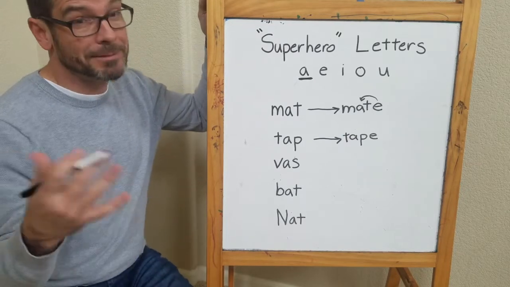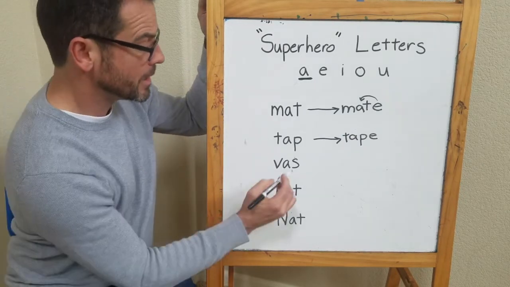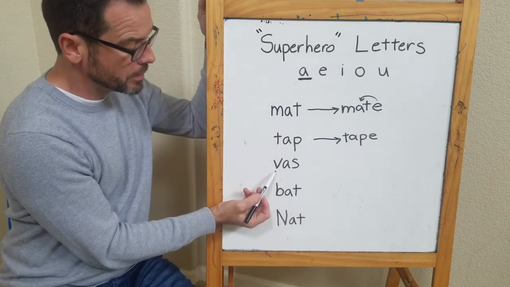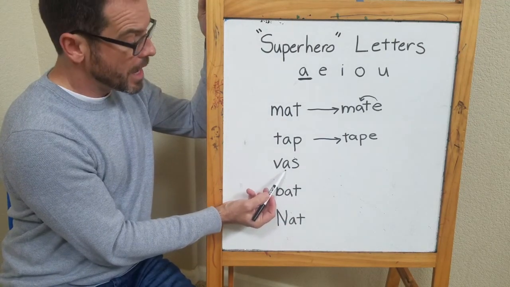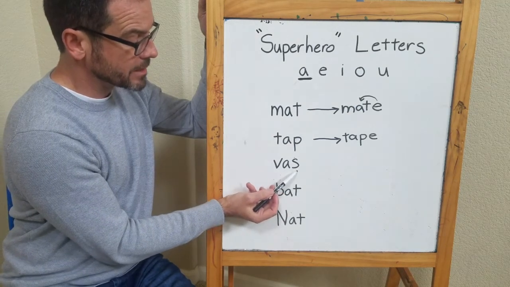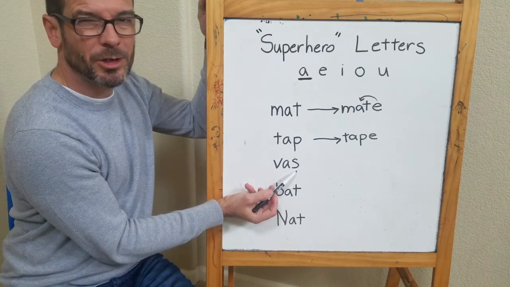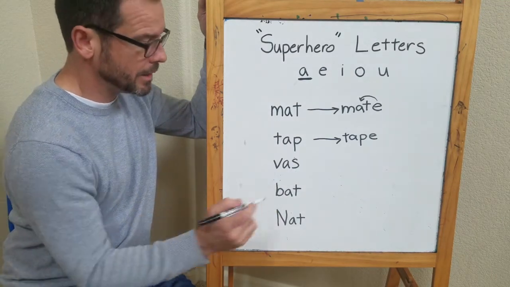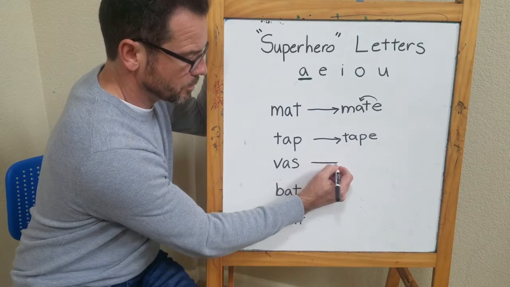Hopefully you're getting this, and I think some of you already know this. And that's okay, but just go along with us. Now, let's sound out this next word. V, a, s, vas. That's a weird word. I don't even know if that is a word. But let's see what happens if we add a bossy E and help that superhero letter out.